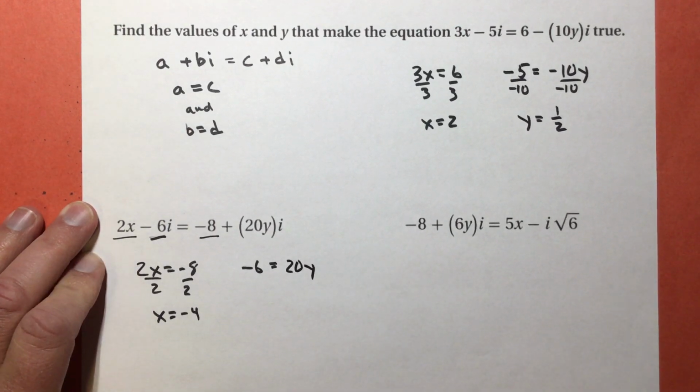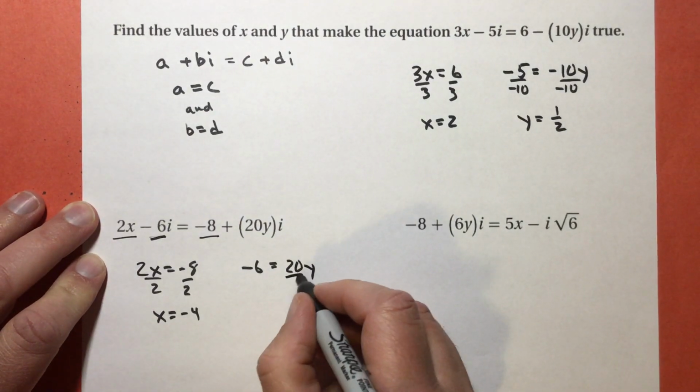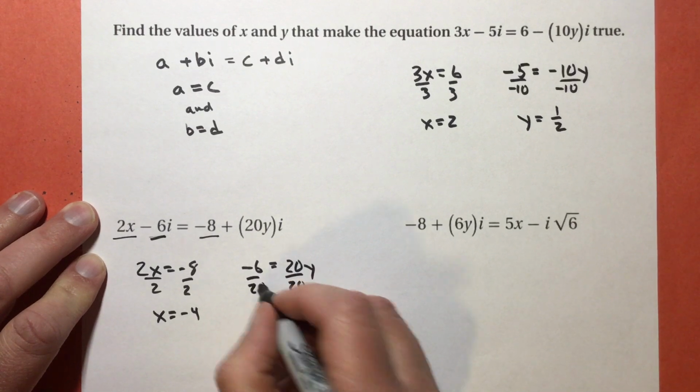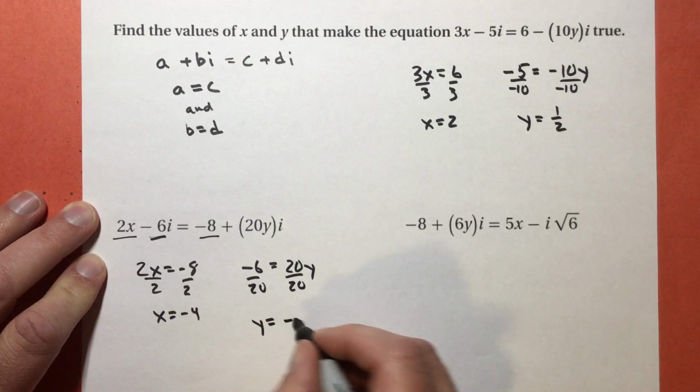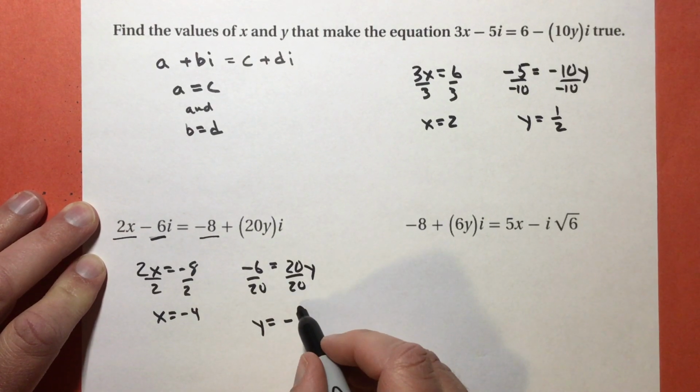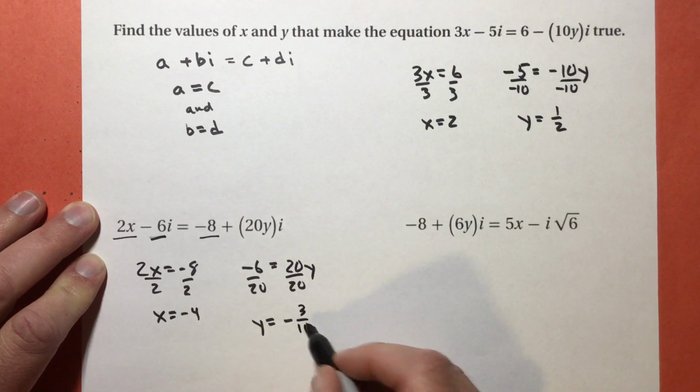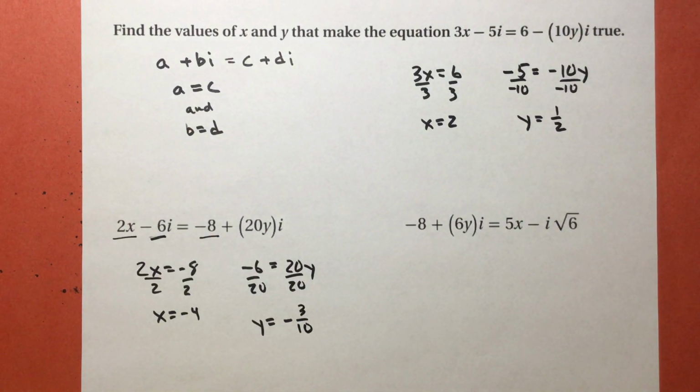Well, that's not as easy, but I get y equals negative 6 over 20, which is going to reduce to 3/10. That's all there is to it. You're just setting the real parts equal to each other and setting the imaginary parts equal to each other.